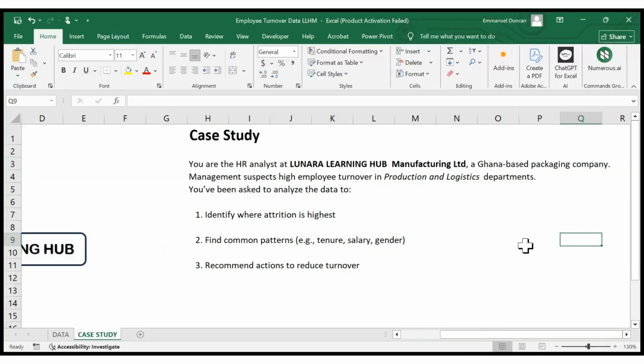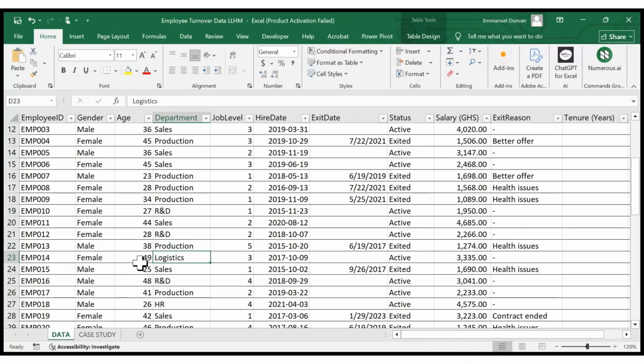You've been asked to analyze the data to, one, identify where attrition is highest; two, find common patterns in the data, be it by gender, salary, tenure, or job level; and three, recommend actions to reduce the turnover that is happening. So let us go to our data.